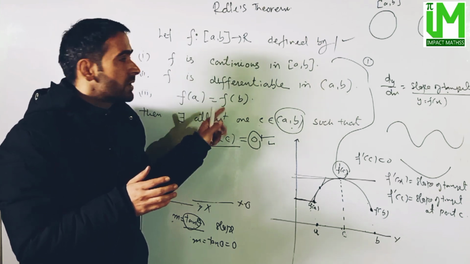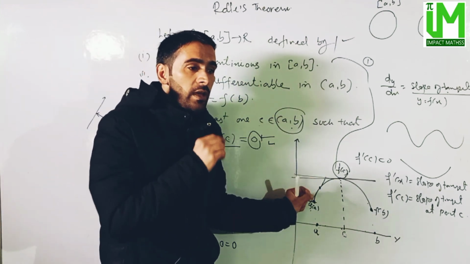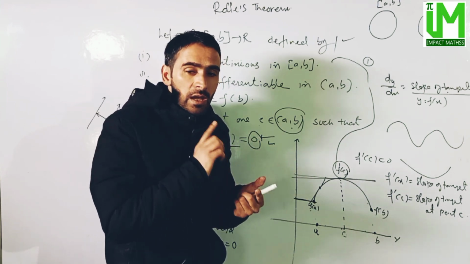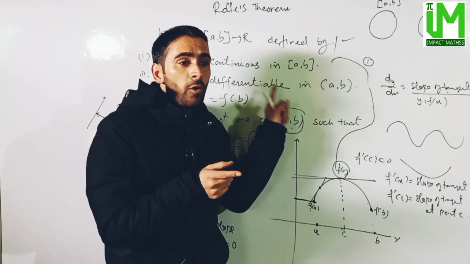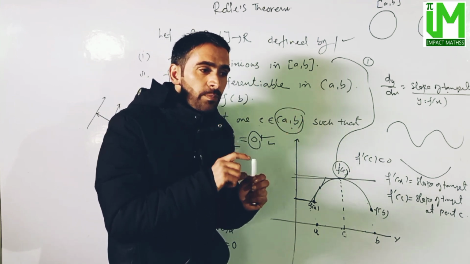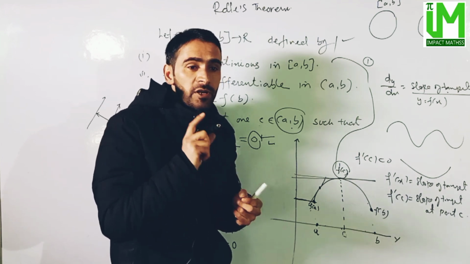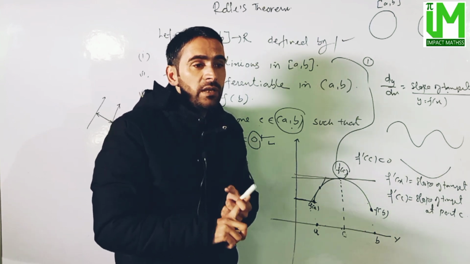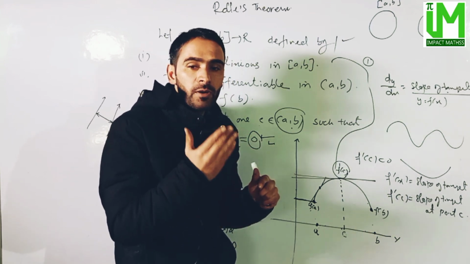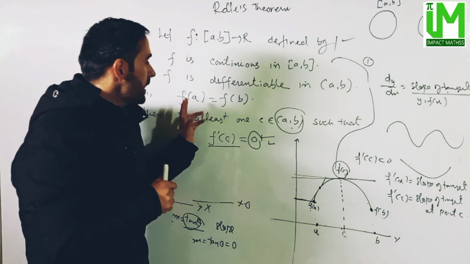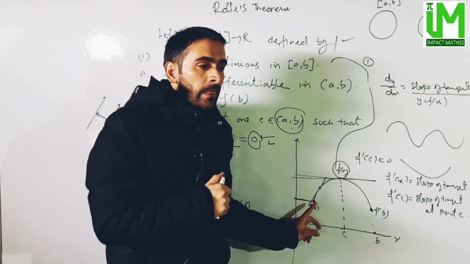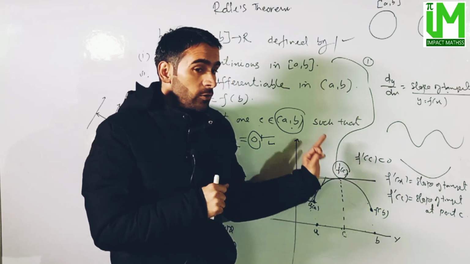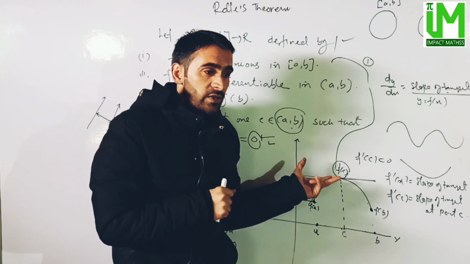First, f is continuous in the open interval a b, meaning the graph from a to b is continuous. Second, f is differentiable in the open interval a b, meaning at every point we can draw a tangent and compute its slope. Third, f of a is equal to f of b, meaning the image of a is equal to the image of b.